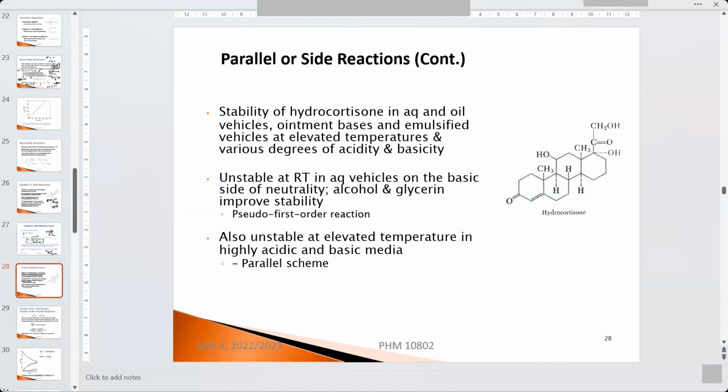Example of parallel side reactions also hydrocortisone. Stability of hydrocortisone in aqueous, aqueous means dissolved in water, and in oil vehicles, in ointment bases, and in emulsified vehicles at elevated temperatures and various degrees of acidity and basicity is studied. It is unstable at room temperature in aqueous vehicles if the pH is basic.